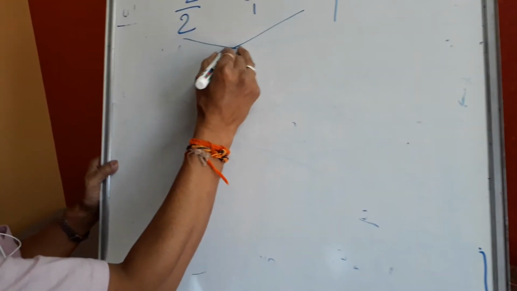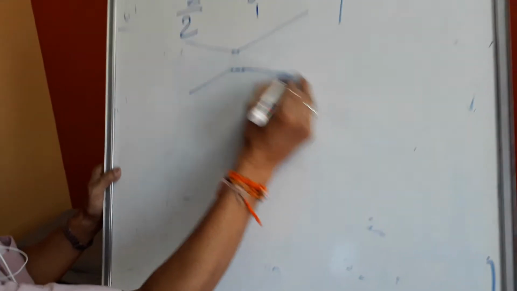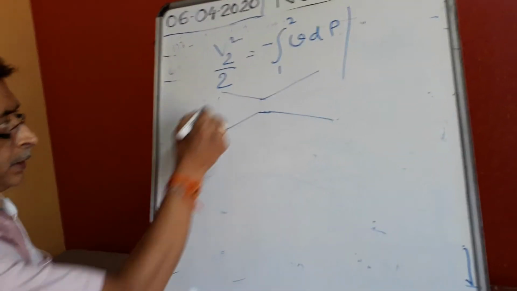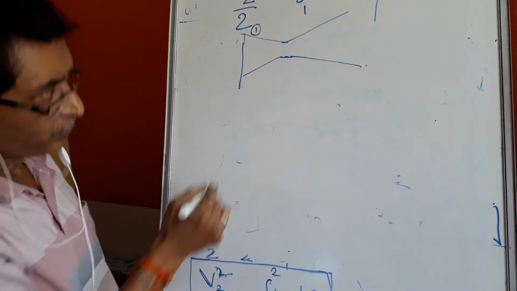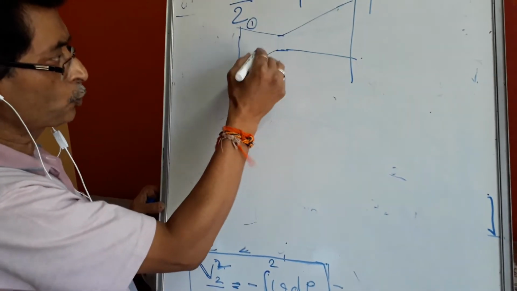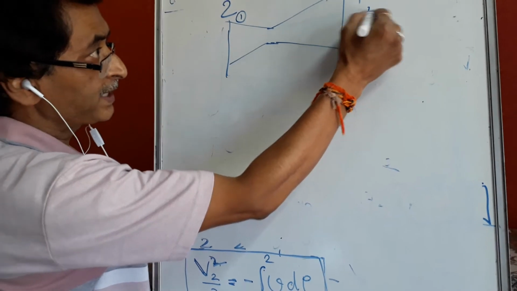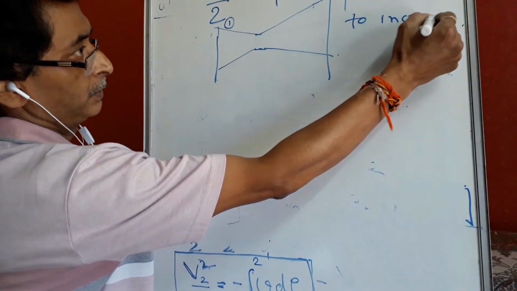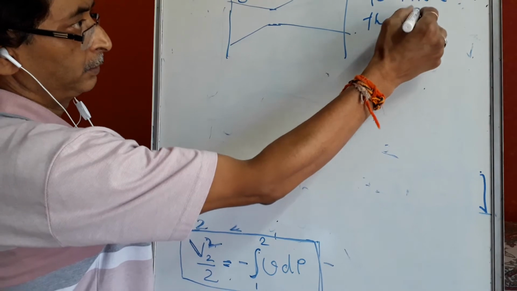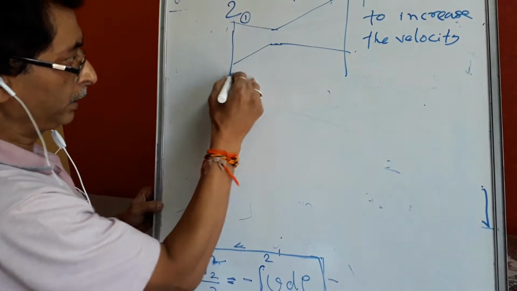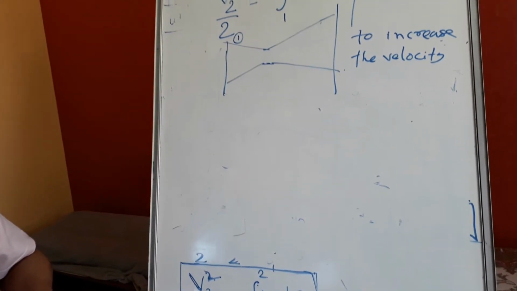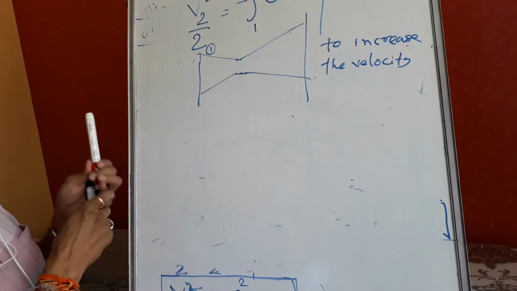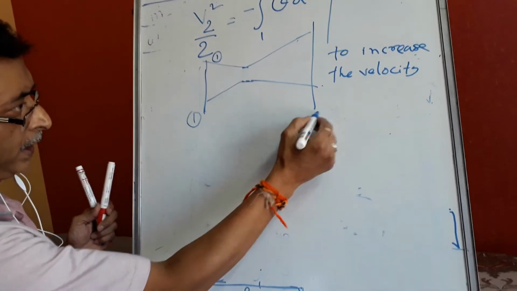Now suppose this is the nozzle and this is the throat. The nozzle is an apparatus, an instrument, and its function is to increase the velocity. Suppose this is my point number 1 and this is point number 2.